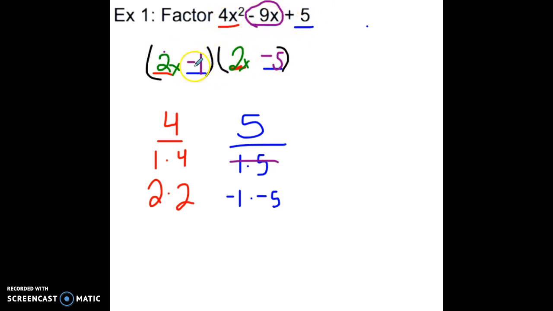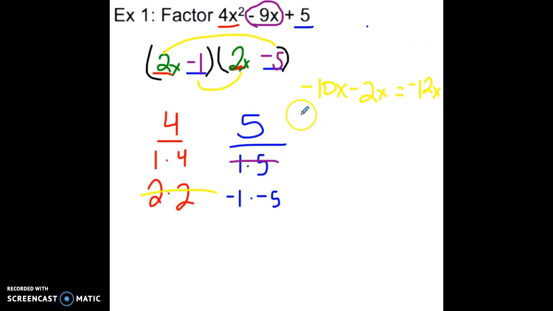The last terms when they multiply should give us a positive 5. So let's double check here. If I've got 2x times negative 5, that's negative 10x. And 2x times negative 1 is negative 2x. So that gives us negative 12. Negative 12 is not going to equal negative 9. So we're not going to be using this 2, 2.